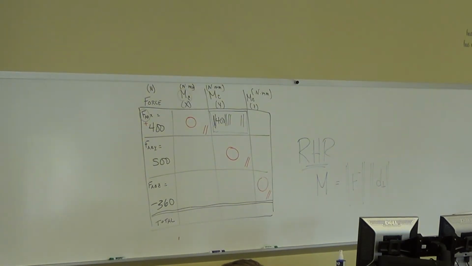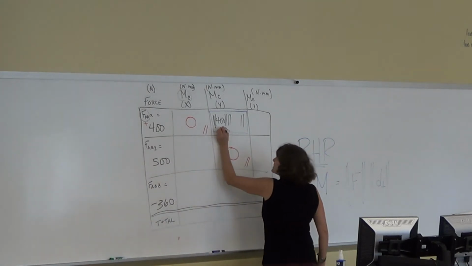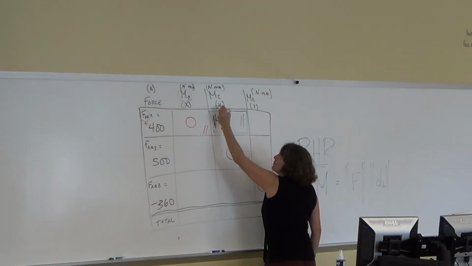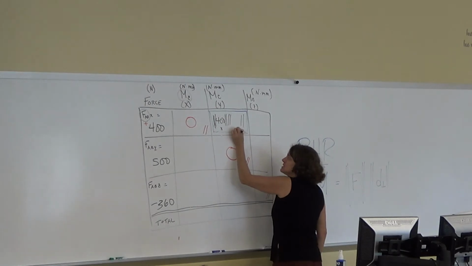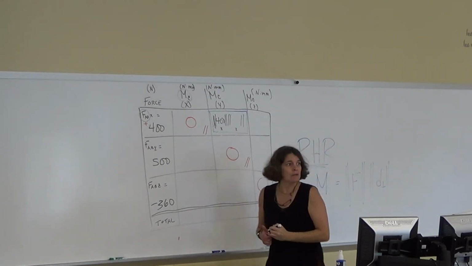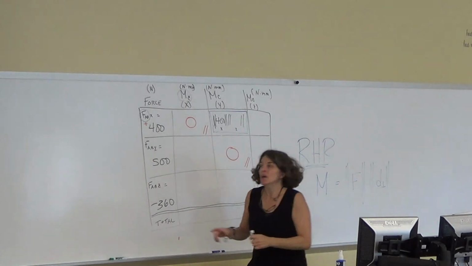We're trying to find the moment about Y. So if the force is in the X, and we're trying to find the moment about the Y, the perpendicular distance is going to be in what, Ilya? The Z. Right? Yeah.